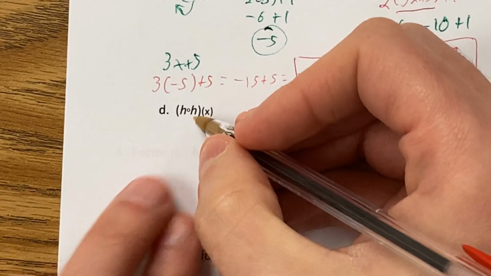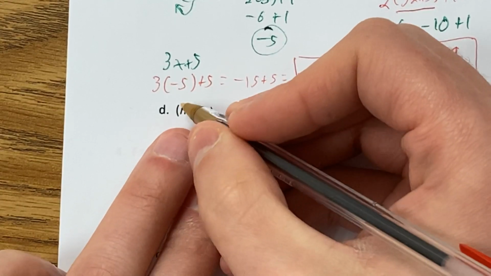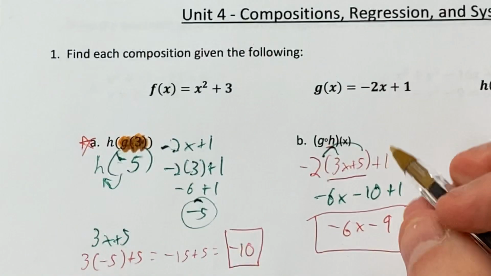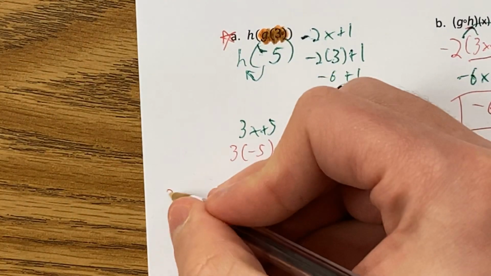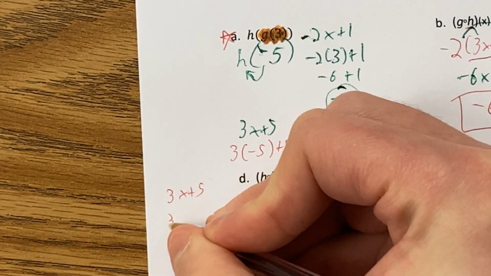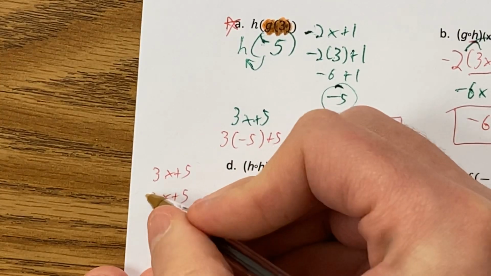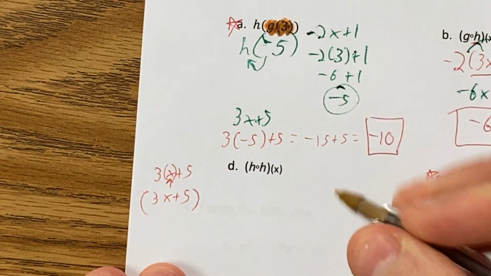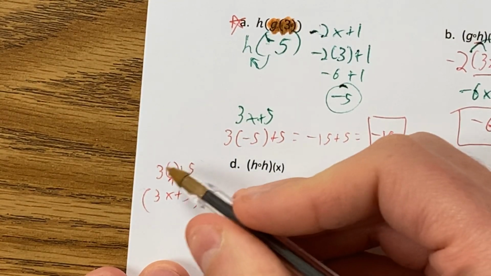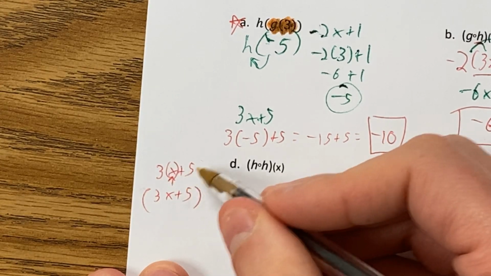Two more to go. H of h. Sometimes people have a hard time plugging something into itself. If it makes it easier, you can write down what h is twice. It's 3x plus 5. So if you have 3x plus 5 and 3x plus 5, it's easier to visualize plugging one into the other, because you have to take this and plug it into that. So 3x plus 5 is going to be 3 times this plus 5.